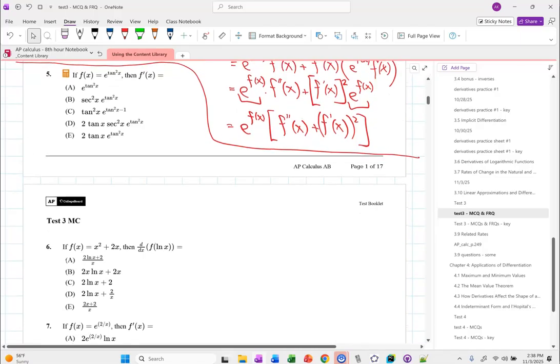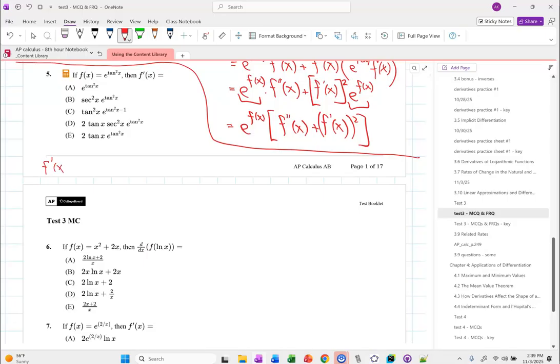Here we're looking for the derivative of e to the tan squared x. What do we need to do that? How many chain rules do we see here? 2. Yeah, very good. So f prime is going to be the derivative of the outside, which is nothing, times the derivative of the inside.